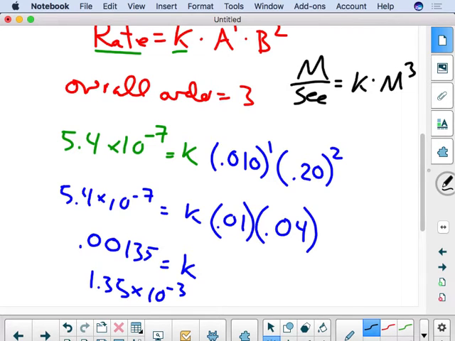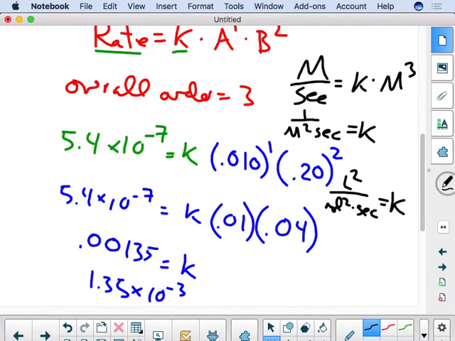So in this case, the units on K are 1 over molarity squared seconds. You should write this down on your pink sheet: when we solve for K, we should put these units on it. K is going to be liters squared per mole squared seconds.